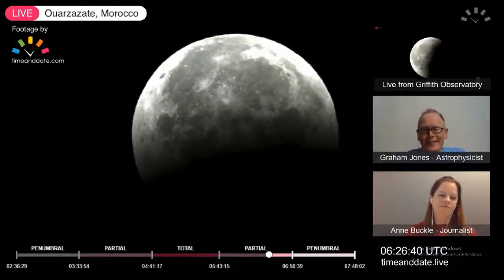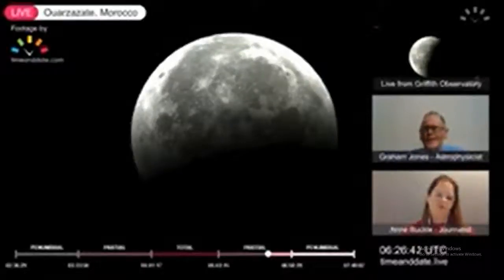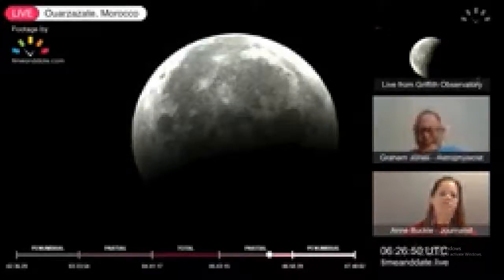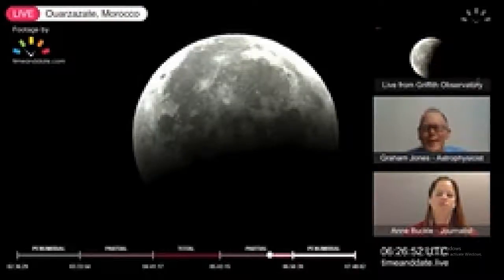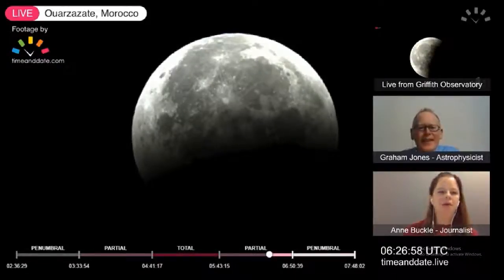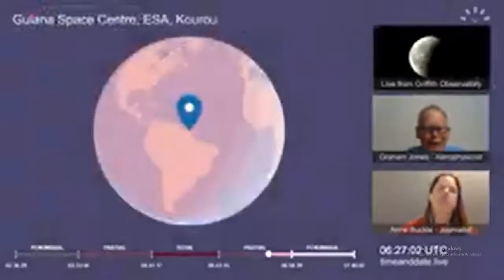Another important reason for putting the spaceport in Kourou is that rockets and missions can be launched either to the east or to the north. Now, I think a little while ago we had a picture of the map. Let's try getting that globe up again. There it is.